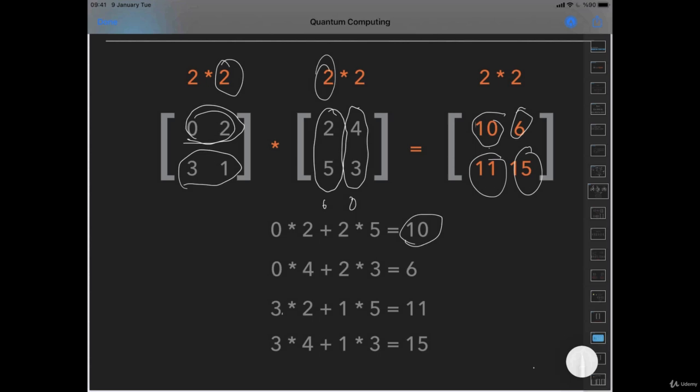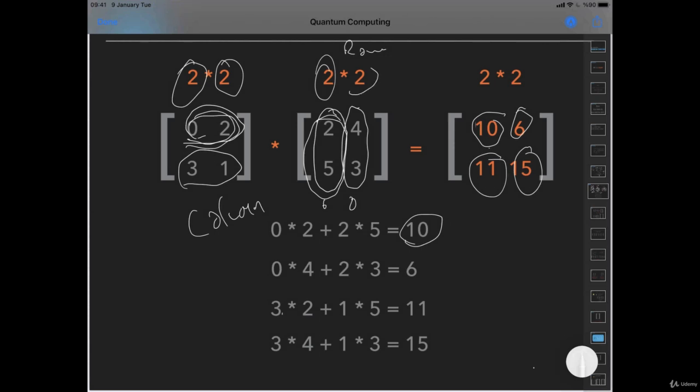As you can see over here, we have 2 columns in the first matrix, and we have 2 rows in the second matrix. So the number of columns in the first matrix has to be exactly the same as the number of rows in the second matrix. Otherwise, this wouldn't even work, right?